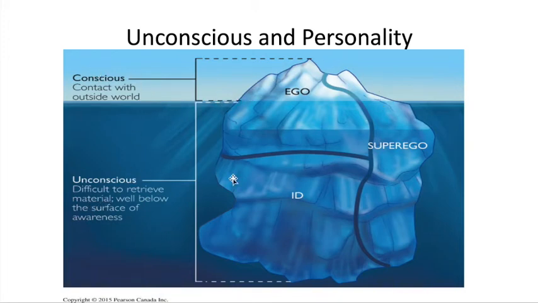And the majority of personality, which is represented by this iceberg, resides in the unconscious parts of our psyche. So only a small segment of some of these parts is present in the conscious level. The 3 parts of personality, according to psychoanalysis, are the id, ego, and the superego, and each has a function in our personality.